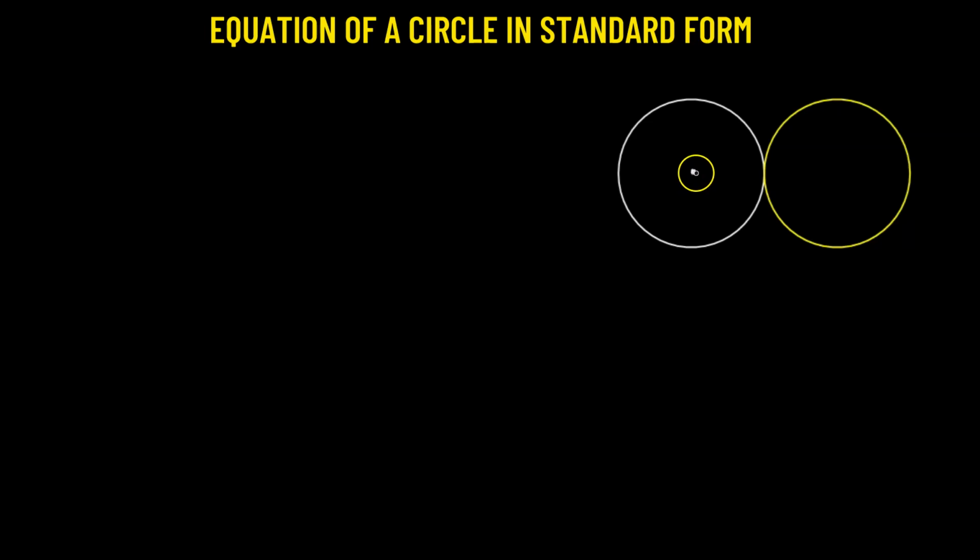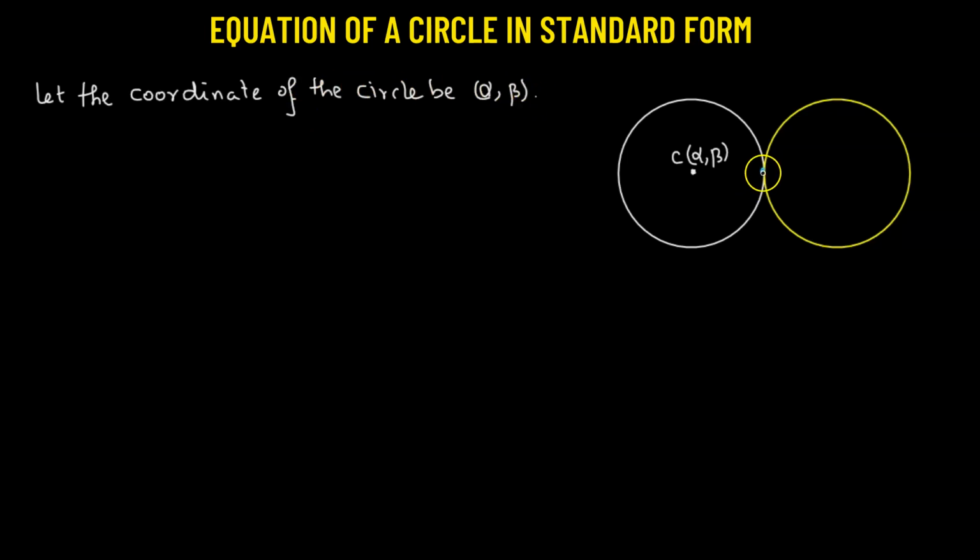So we have our circle whose equation we need to determine. Here we have the circle C. We're going to consider that the coordinate of this center be (alpha, beta). And the circle is touching the yellow circle at point A, whose coordinate is given to us as (5, 5).